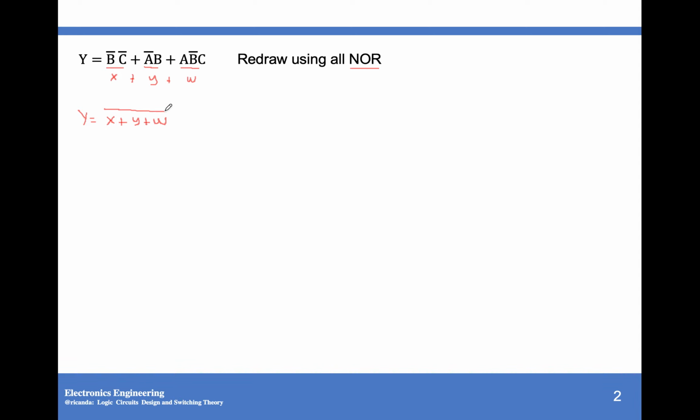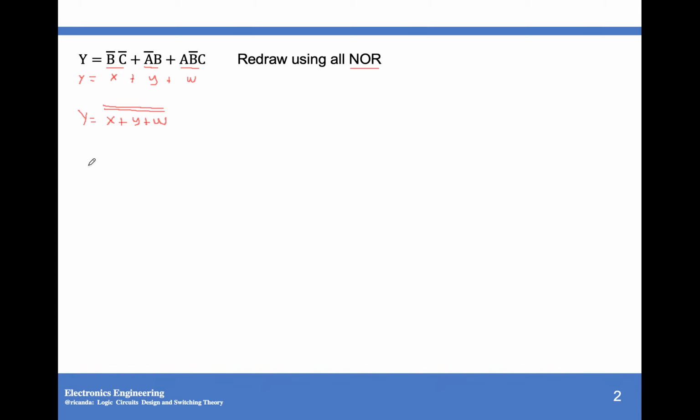If this is a long bar over x or y or w, and we break the bar between the variables, it will become an AND. So we are not going to break the bar using Boolean algebra, but we have to add another long bar. Using double negative, it will go back to your original expression, x or y or w.